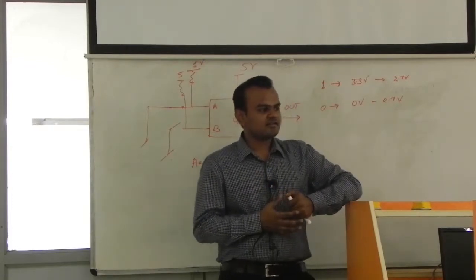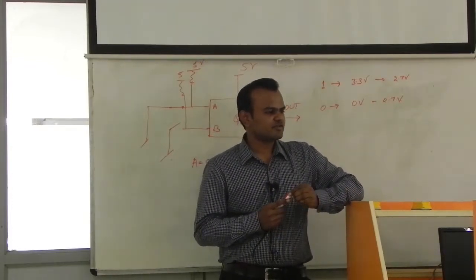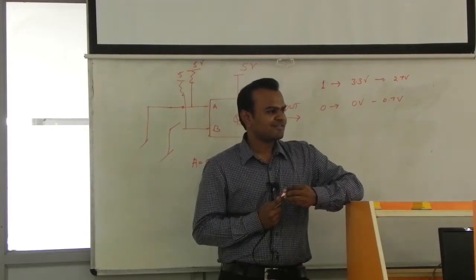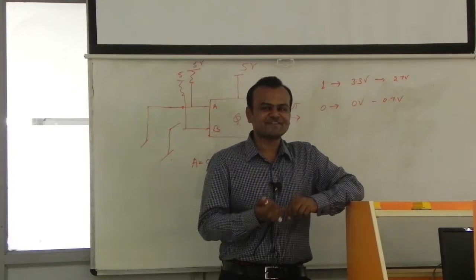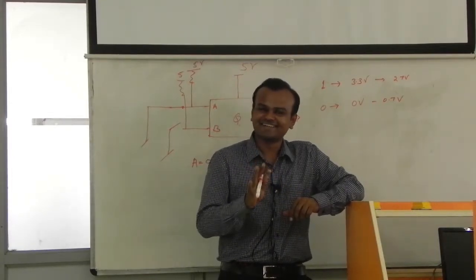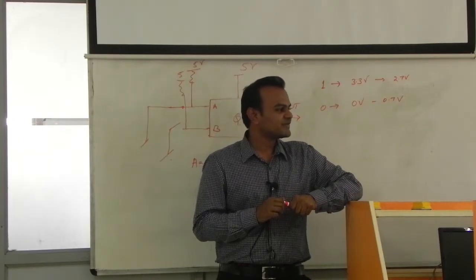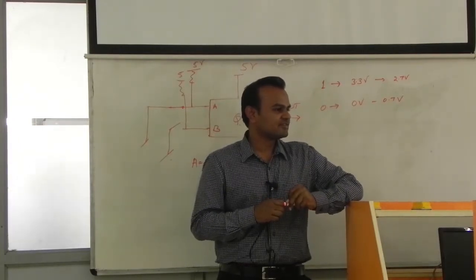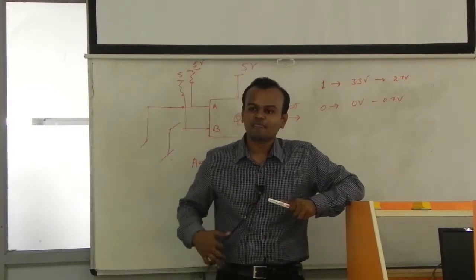Was it not 11.0592? You rounded it up to 12, 11.05 to 12. Why 11.0592? Any idea?